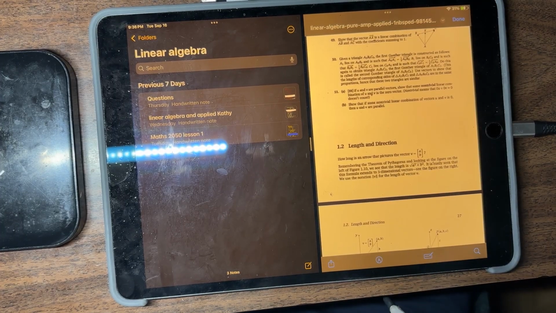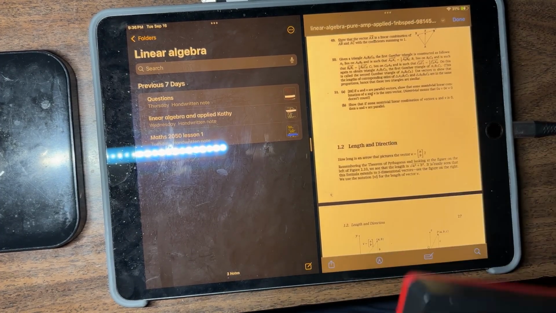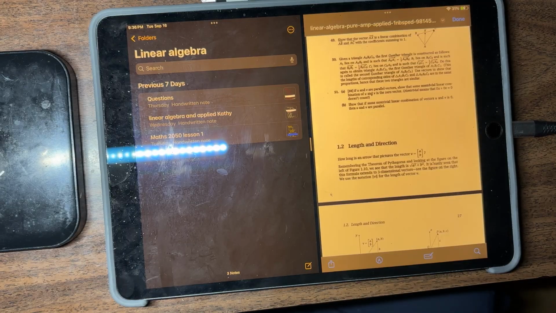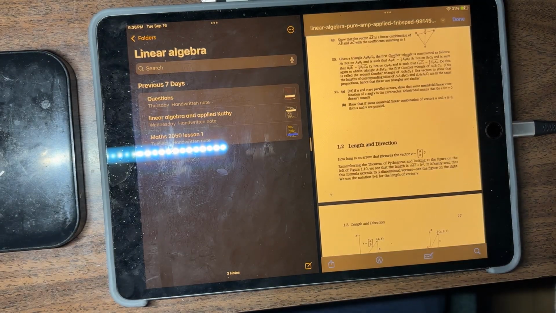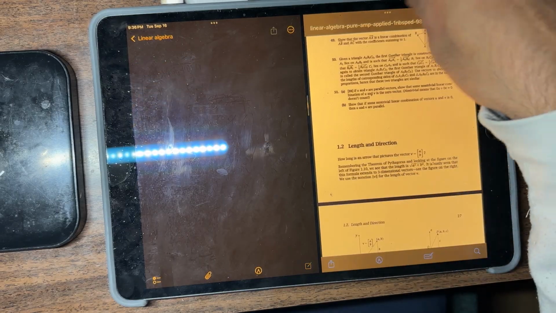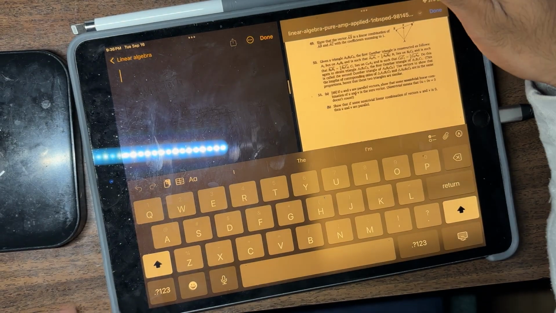Alright? Don't want to mess everything up. Reading chapter 1.2. So we're going to finish 1.2 completely.